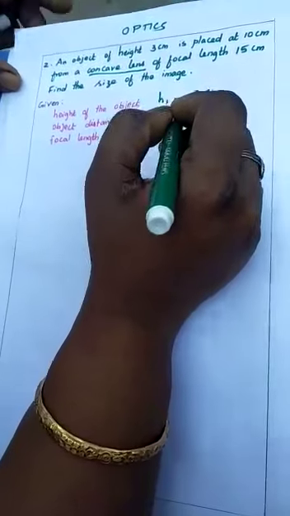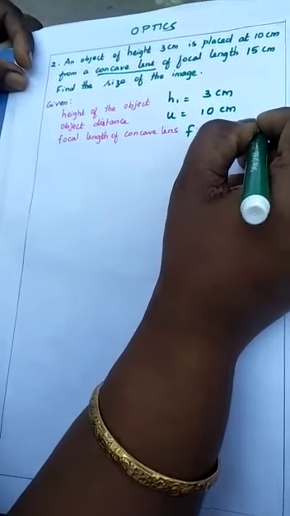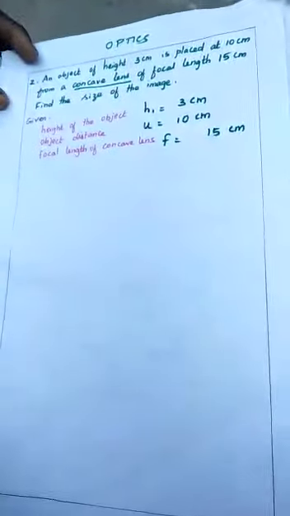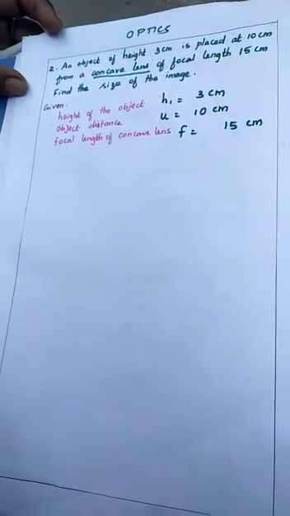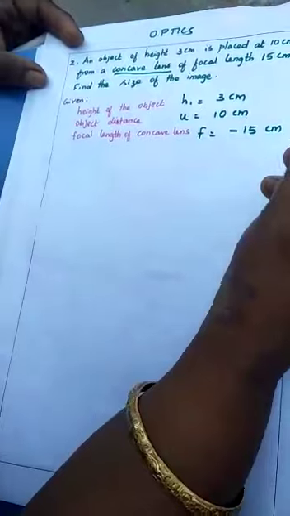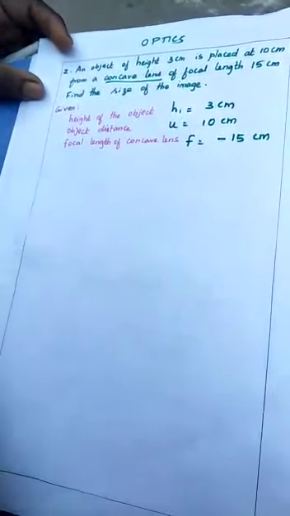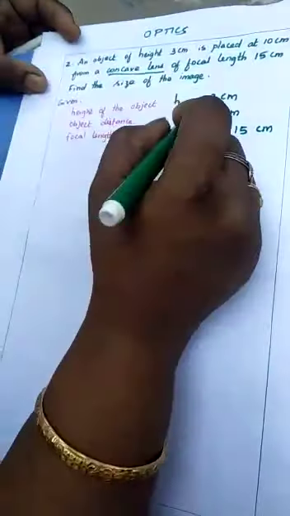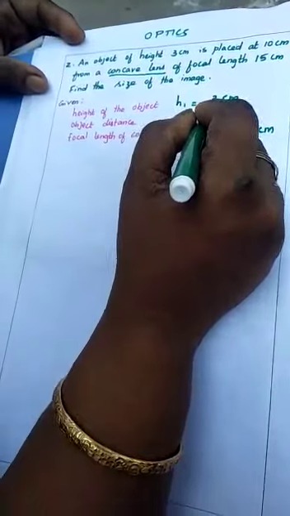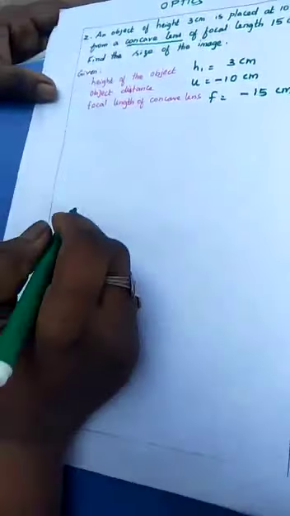Object distance u is given, that is 10 cm. Then focal length f is equal to 15 cm. So we already know that for a diverging lens f is negative, and for all lenses object distance is taken as negative as per sign convention.